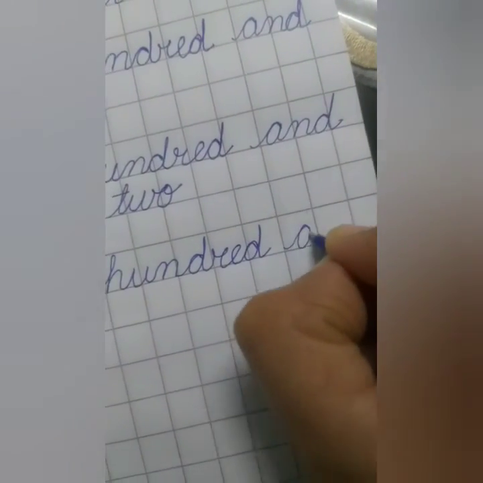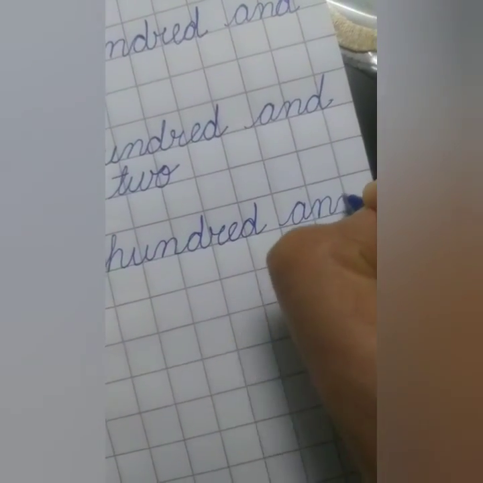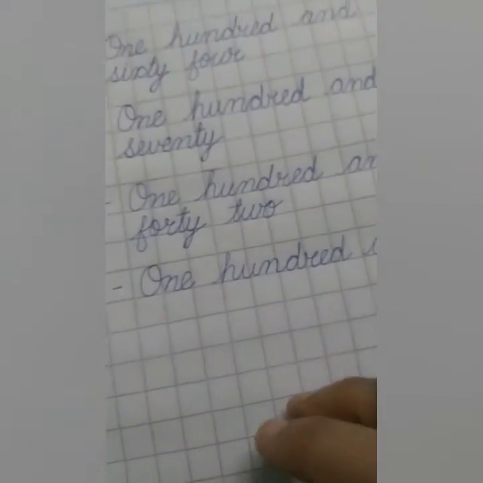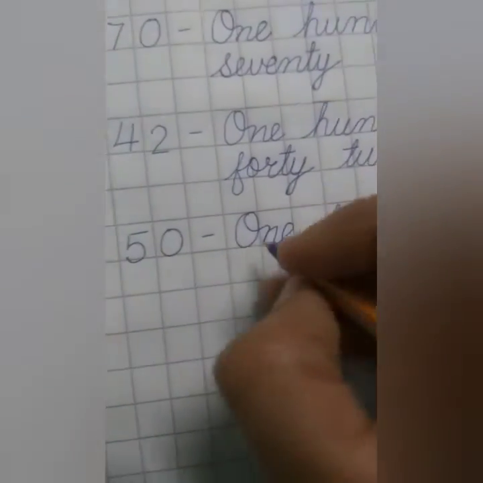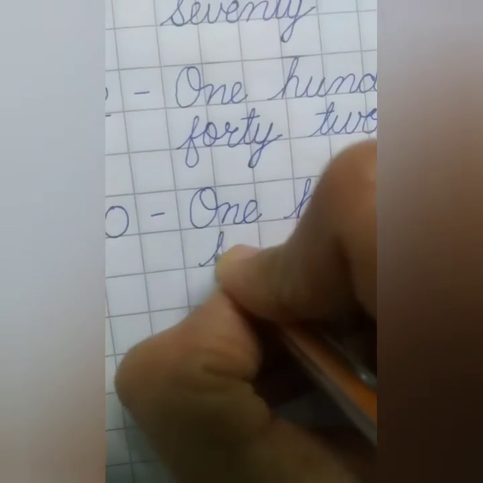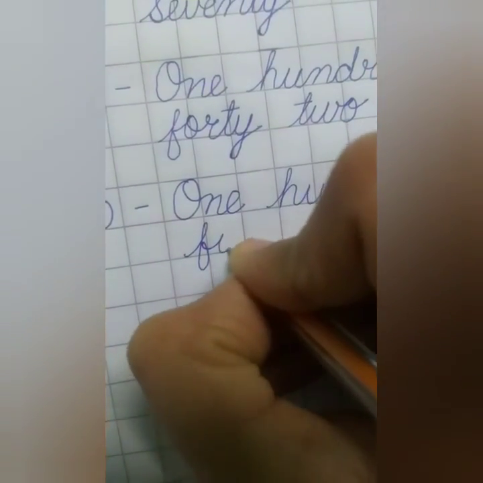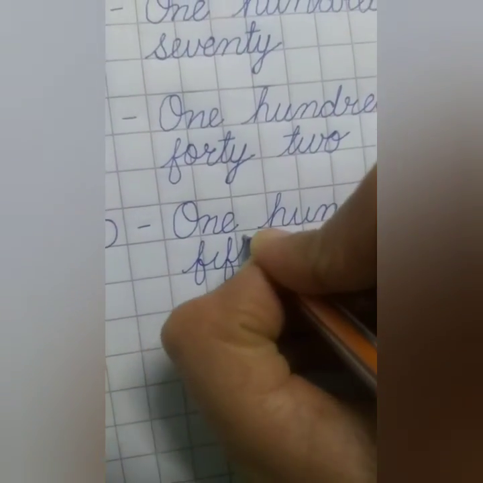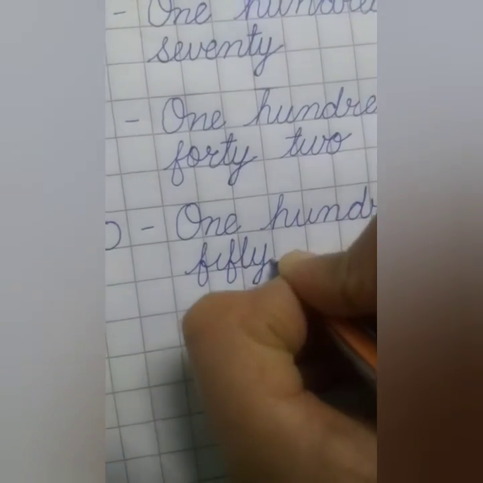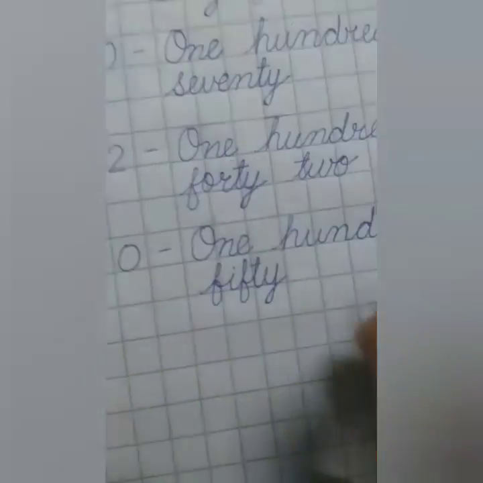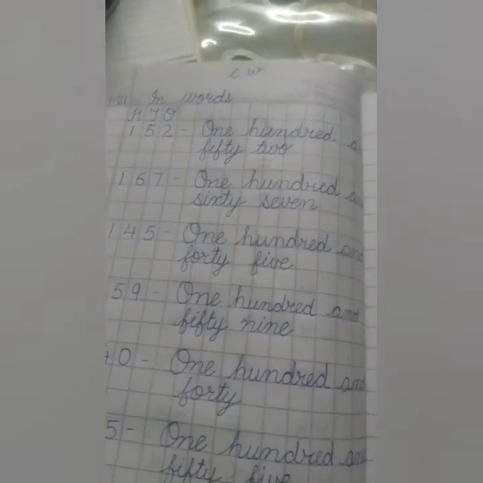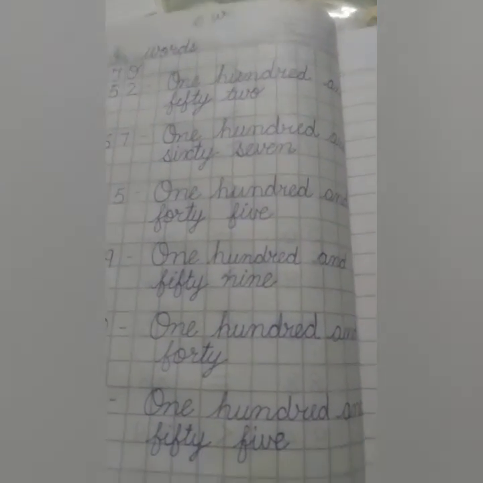Take one finger gap and write A-N-D. And 150. What is the spelling of 50? F-I-F-T-Y. 50. Okay, 150. So children, do it in your copy in very neat and beautiful handwriting.